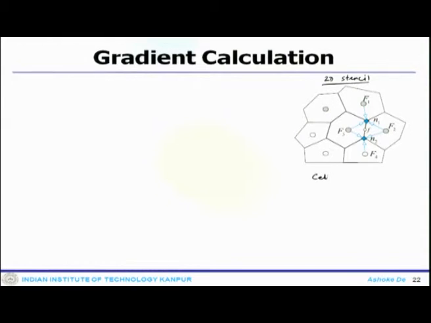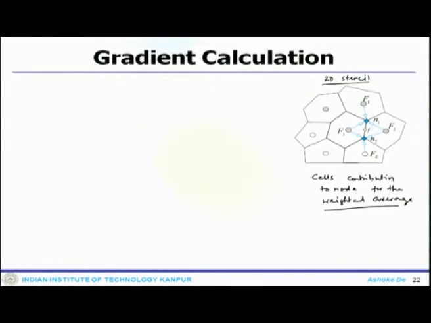So, you can see the cells contributing to a particular node, for the weighted average. You can see the node N1 which is getting contribution, since that node is common to three different elements like F1, F2, F3.